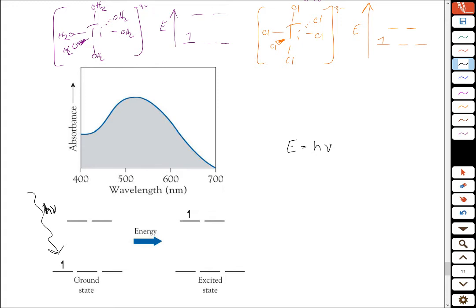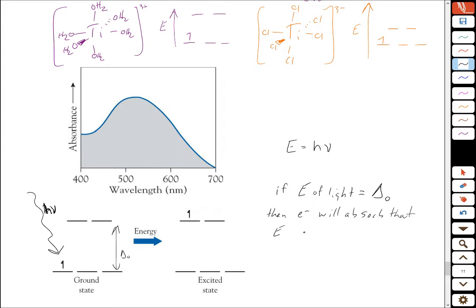So light comes in. If the energy of the light equals the splitting energy, then the electron will absorb that energy.